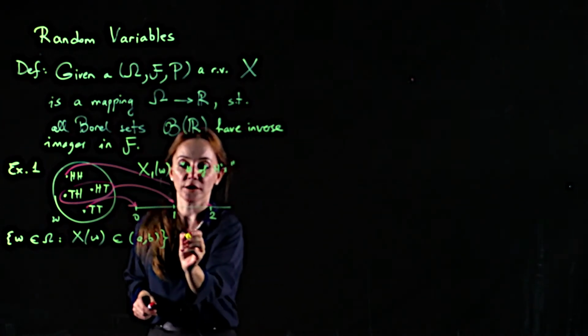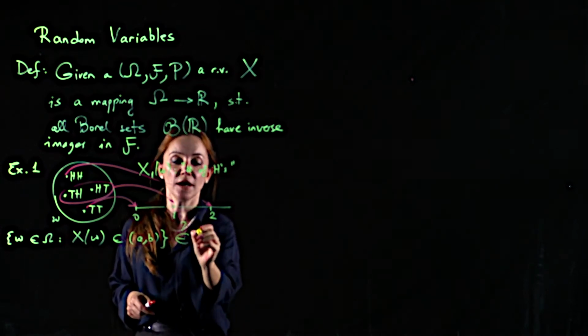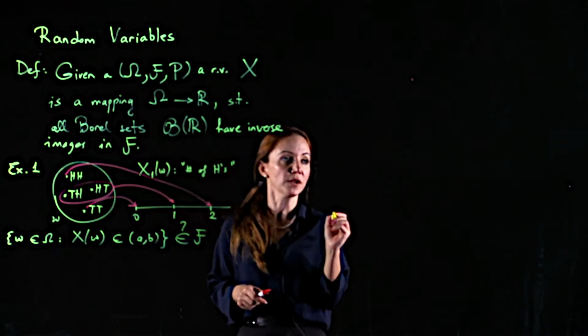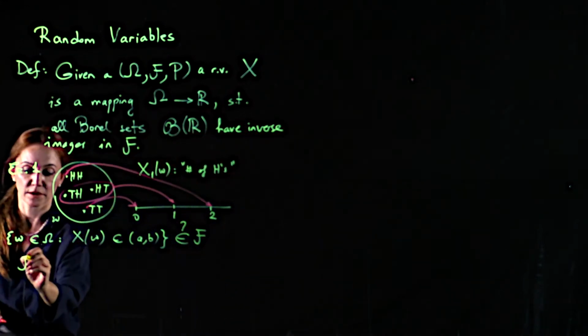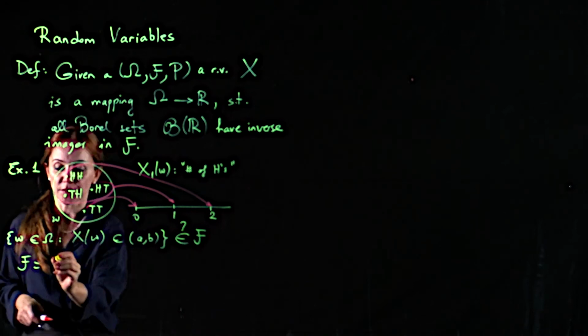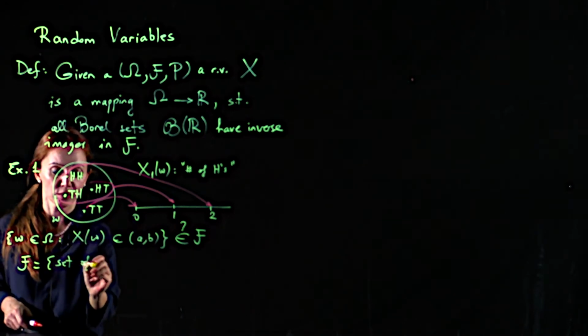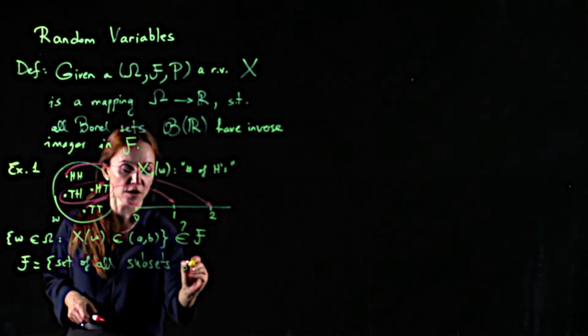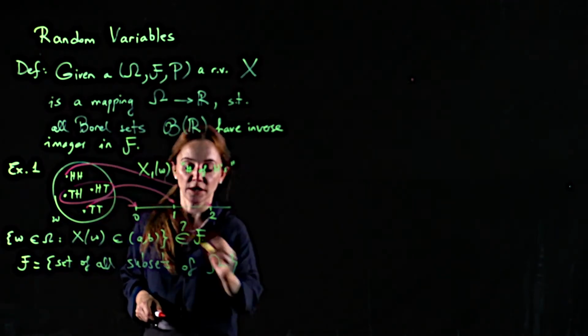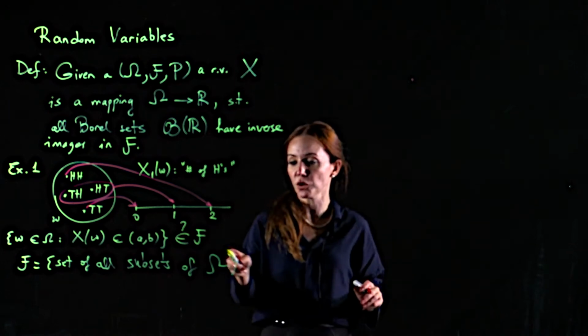Is this a part of F? Well, it depends on what F is, right? Suppose F is the set of all subsets of omega. In this case, the answer is going to be yes.